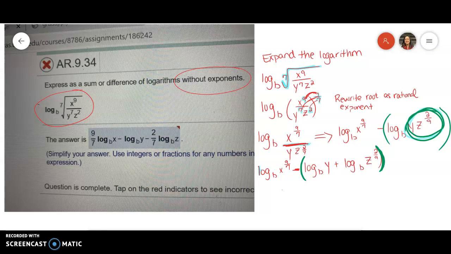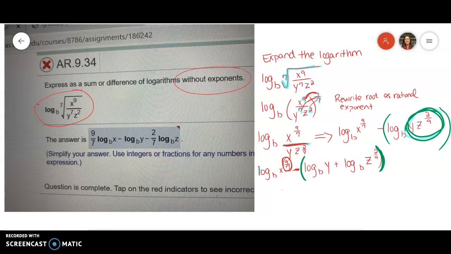All right, so in my next step, I'm going to distribute that negative, like I just said, but I'm also going to do something else. I'm going to get rid of those exponents, because that was the goal. I want to rewrite this without the exponents. I have expanded this logarithm, but I still have those exponents. Now, you have a property that says that I can rewrite these exponents as coefficients.